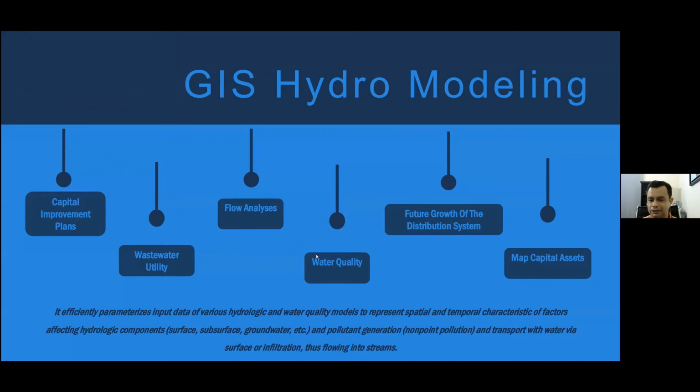This can assist you in water quality, or the simulation modeling can assist you for future growth of the distribution system, and can be helpful for mapping capital assets in GIS, in hydro GIS modeling. So these are the potential aspects of hydro modeling. So this is a very brief overview of using GIS in water resource management.